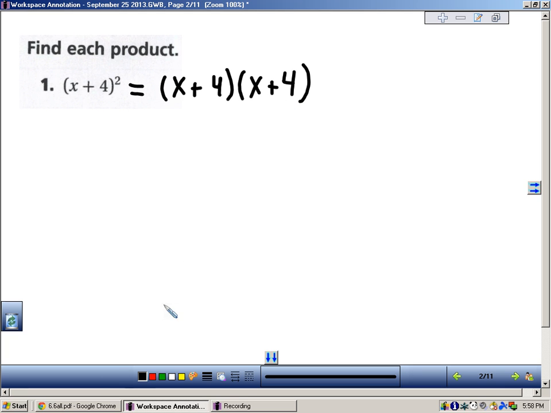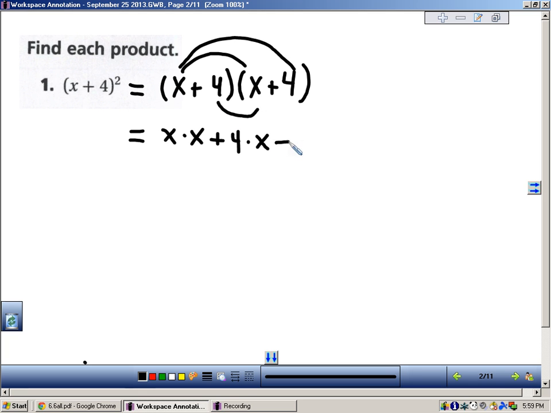Using the distributive property or FOIL method, you can see that we have x squared, we have 4x, we also have the inner term, the 4x, 4 times x, and 16, 4 times 4.